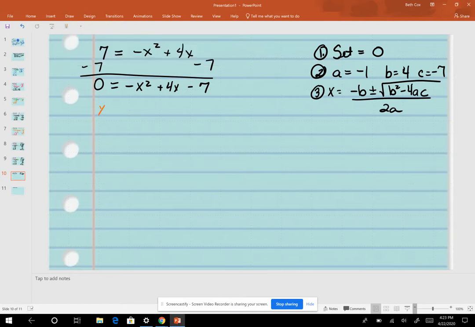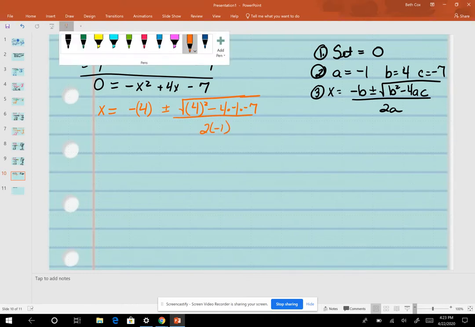So x is going to be equal to negative positive 4 this time, plus or minus the square root of b squared, so 4 squared, minus 4 times negative 1 times negative 7, all over 2 times negative 1.